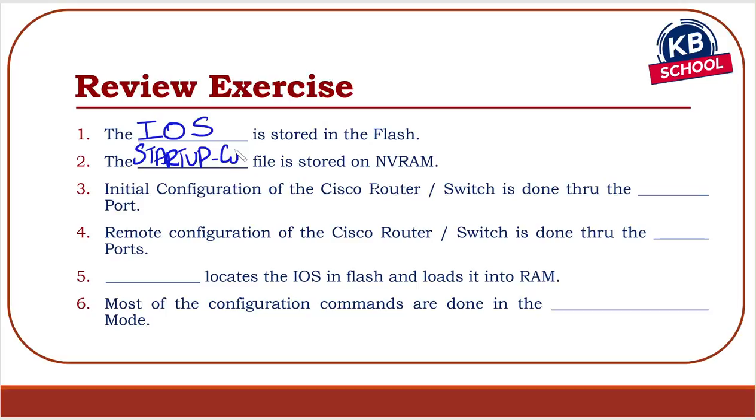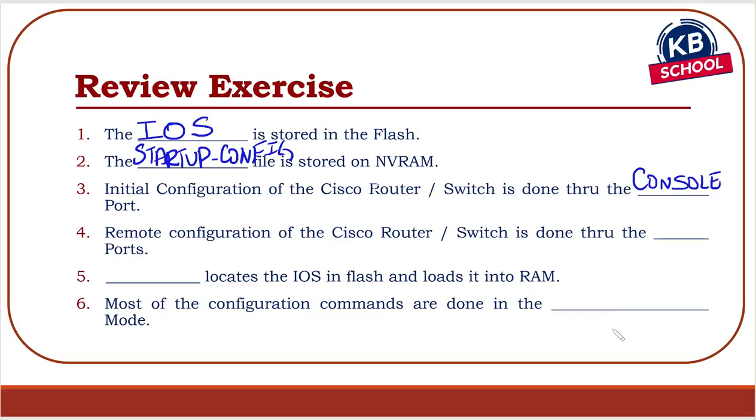Startup config. The initial configuration of the Cisco router or switch is done through what port? Again, if you're saying console, right answer. If not, go back, check the video.